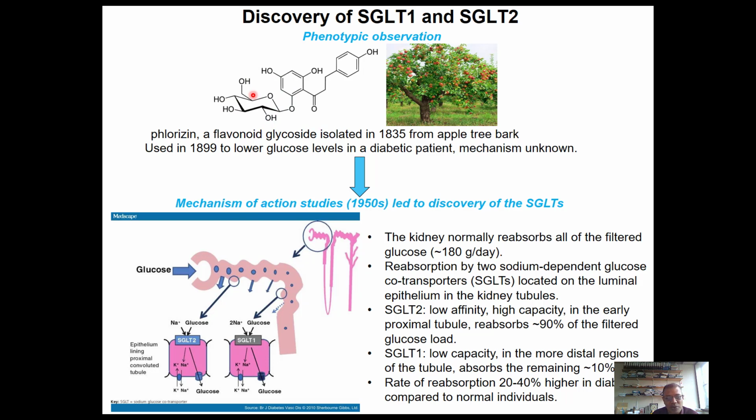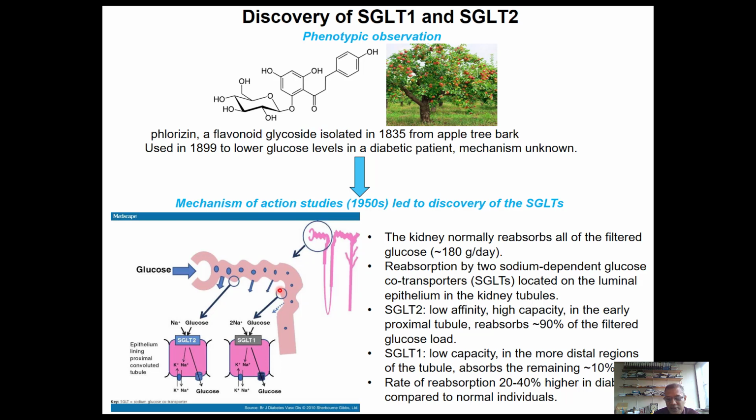And it was more than 50 years after that that the actual target of this compound was elucidated, and it turns out to be in the kidney. And within the kidney, which is the major site for excretion in the body, we have these tubules, and if we expand up the magnification of this tubule, you can see a proximal and a distal area of the tubule.